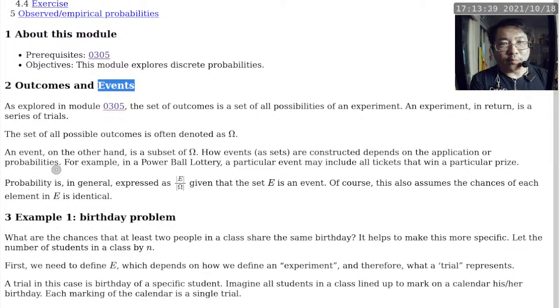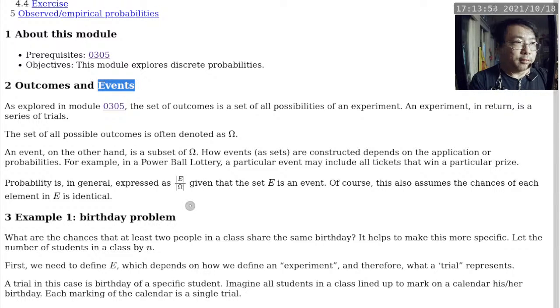You can match all 5 lucky numbers but miss the Powerball number. So there are many ways where you can get back at least $1. In that case, your event set is going to be a larger set. So how E relates to omega is dependent on what problem you're trying to solve.